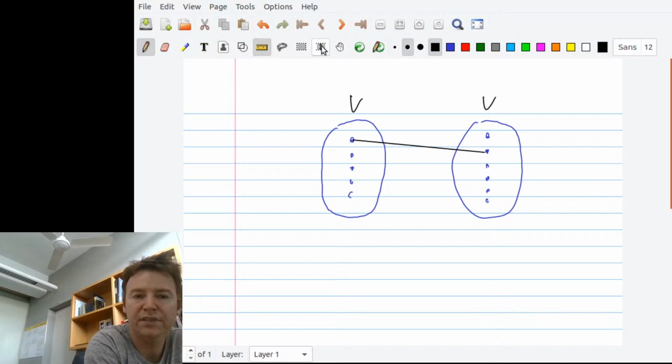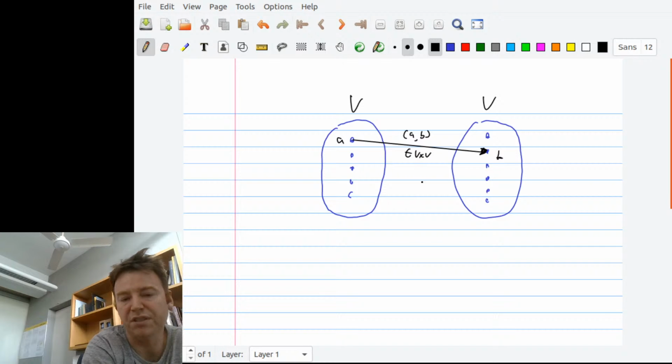Okay. And this might be the element A, and this might be the element B, and it's going from the left to the right, like so. And this arrow means that (A, B) is in V cross V. I'm just using the arrow to show you which bits are in the relation.